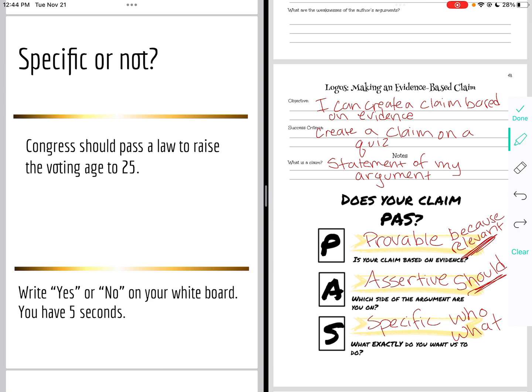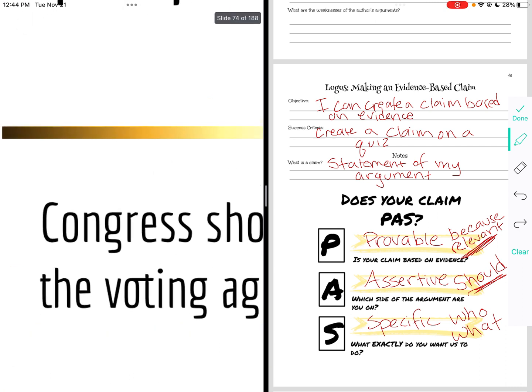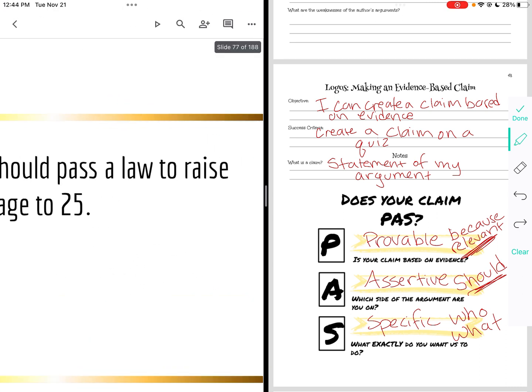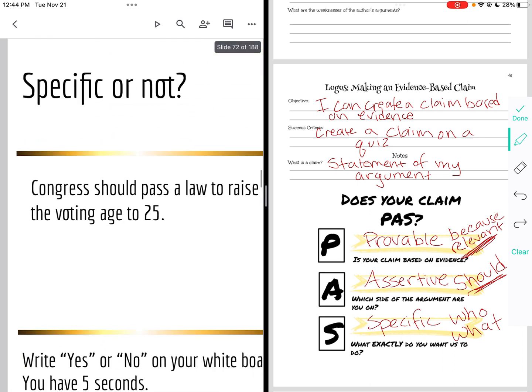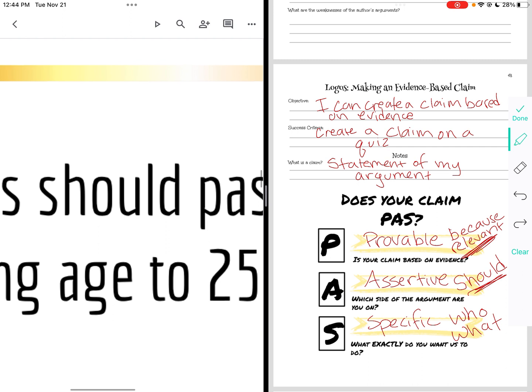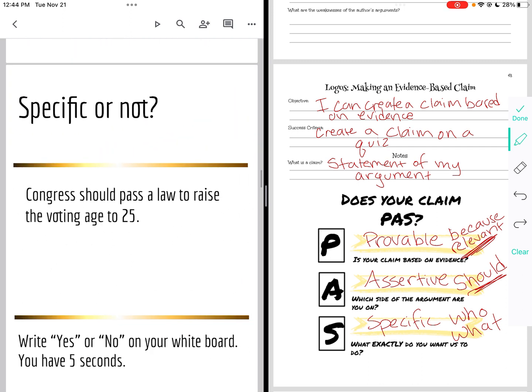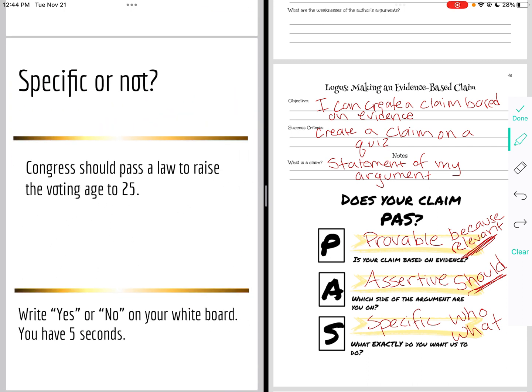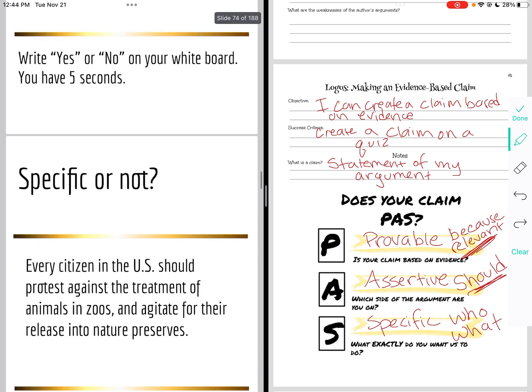So hopefully, I hope that you noticed it does have a who, Congress. And it does have a what, raise the voting age to 25. And it also has a "should," so it is assertive. However, is this written as a provable claim? Have we said "because" and given relevant reasons for why this should happen? We haven't. So this statement doesn't quite pass, but it's still a pretty good claim.